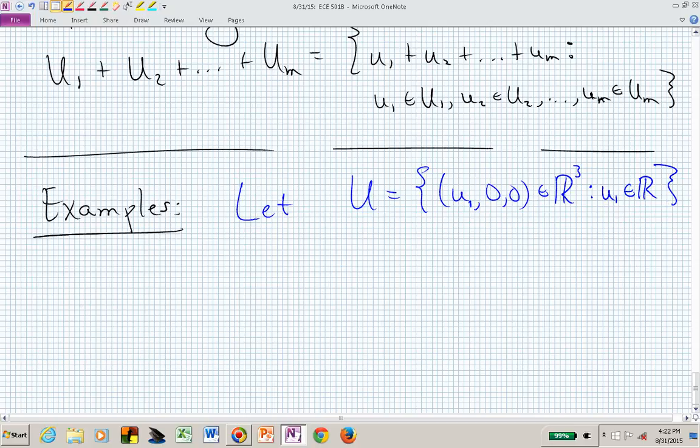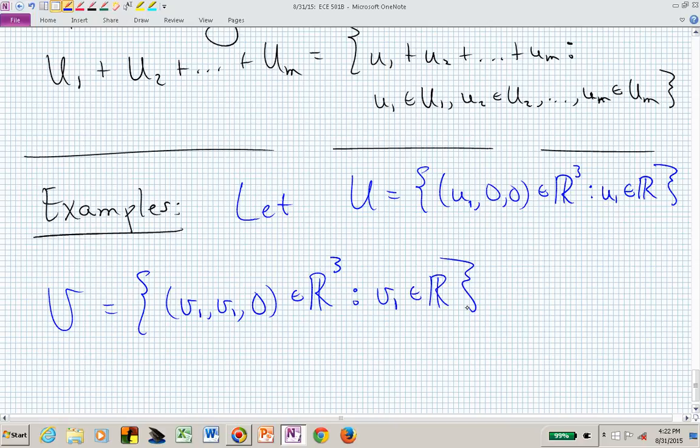And let's let V be (V1, V1, 0), also a vector in R3, such that V1 is any real number.